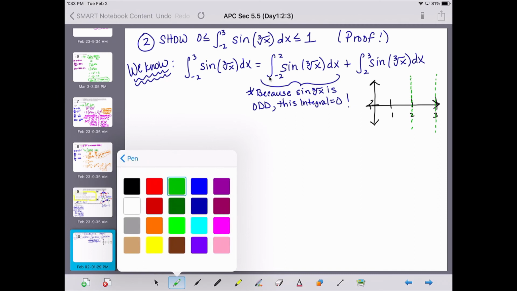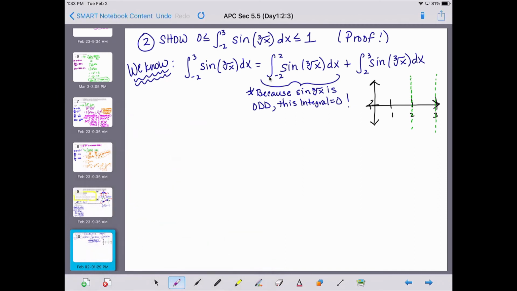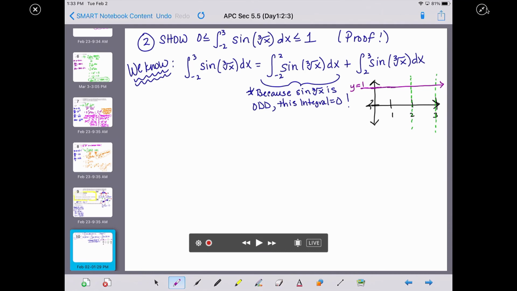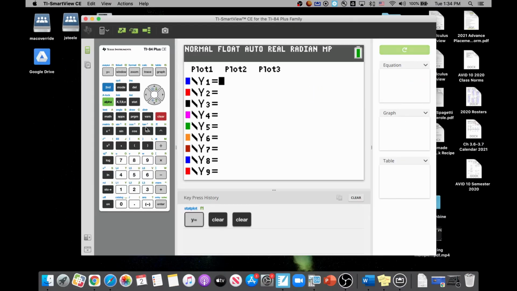That's my job. Well, if I add to my graph on my graphing calculator the line y equals 1, y equals 1 is right here. I am going to pull up my graph on my graphing calculator so that we can see it. In my y1, I am going to put my function, which is sine of the cube root of x.